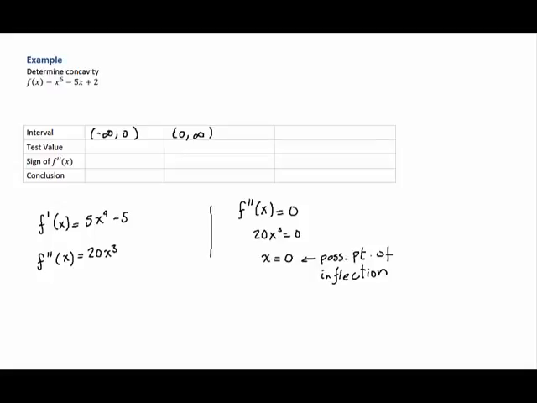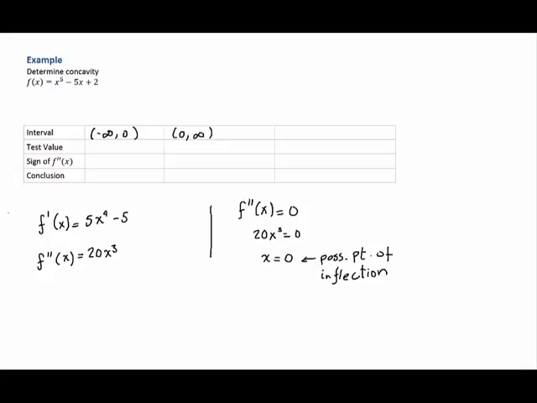Do we care, for example, about the point where the first derivative is 0? No, because we're determining concavity. So we care about possible points of inflection. When we did the first derivative test, we cared about relative extrema or critical points. Now we care about possible points of inflection.